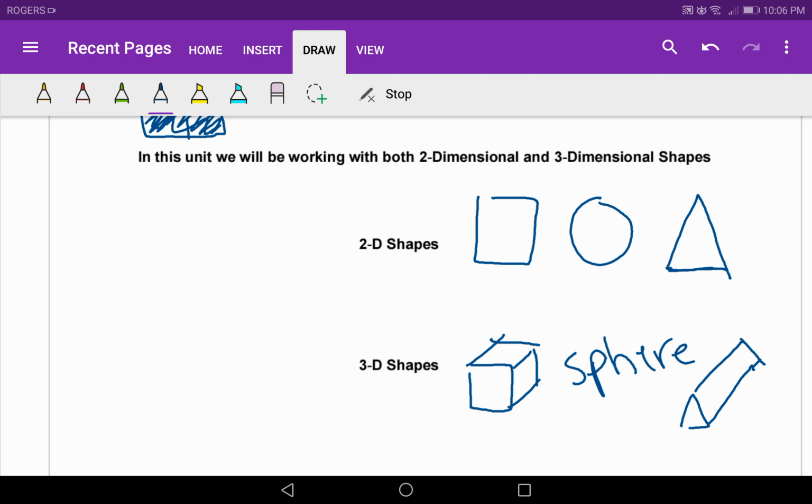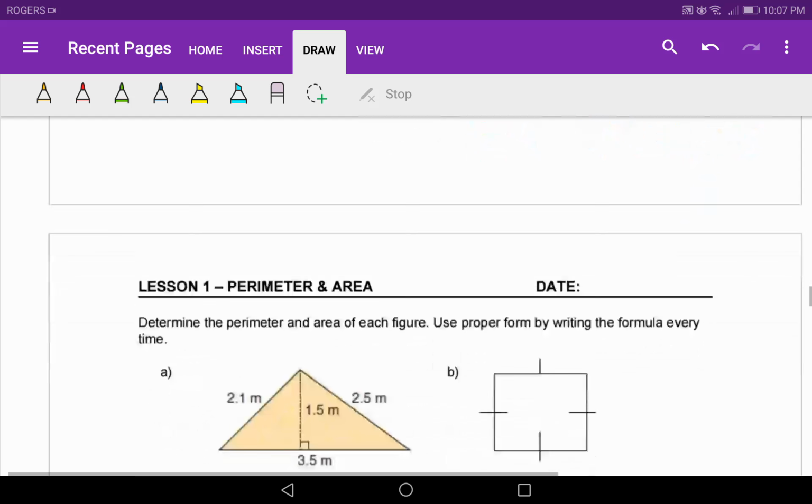That would be a triangular prism. And then you have pyramids as well, like a triangular based pyramid or a square based pyramid, and so on and so on.